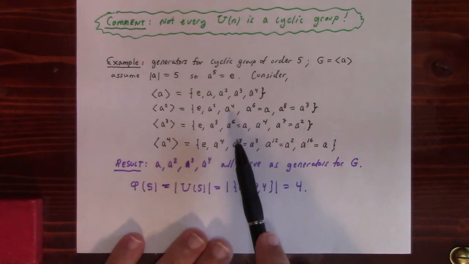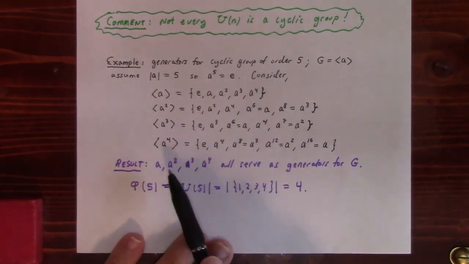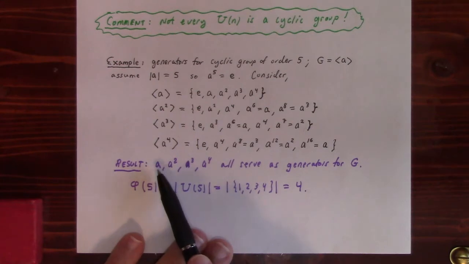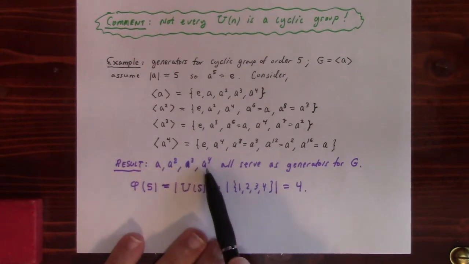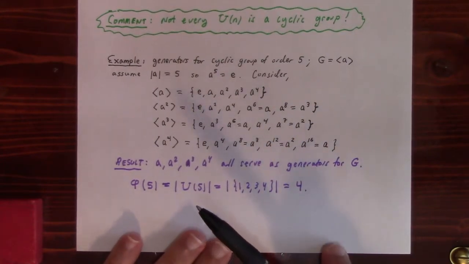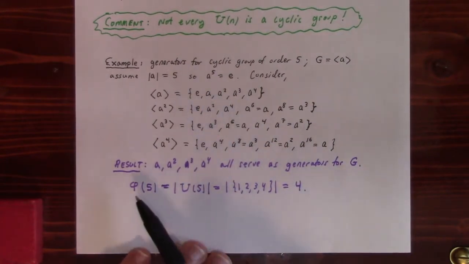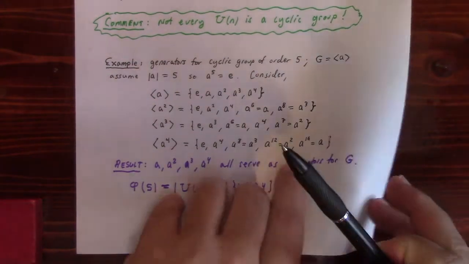So in a cyclic group of order 5, you have a choice of 4 generators. Give me any generator, and you can square it, cube it, or take the fourth power, and all of those will also be generators for G. And ultimately we can judge the number of generators by looking at phi of 5, which is 4 in this case.